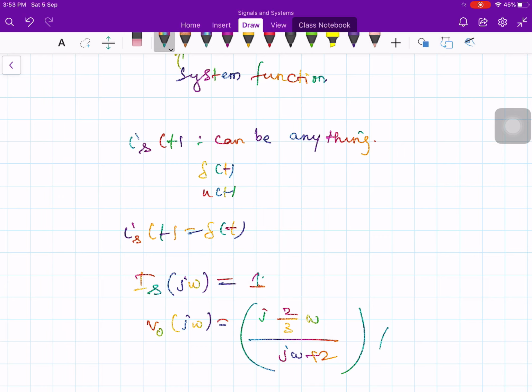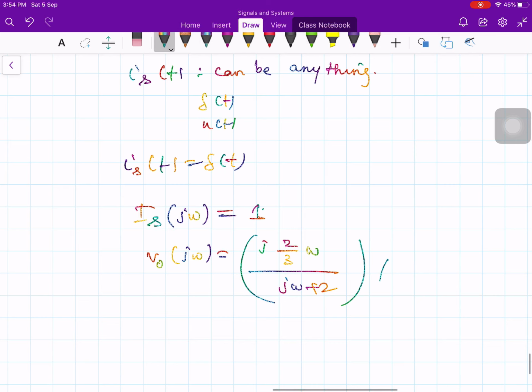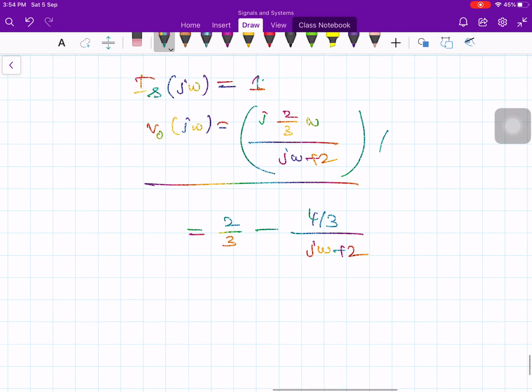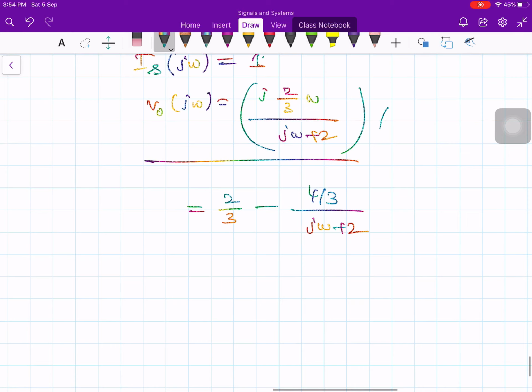And this is your V naught. I must find the inverse Fourier transform, so I must put this in a recognizable form. So this we can write as 2 by 3 minus 4 by 3 divided by j omega plus 2.